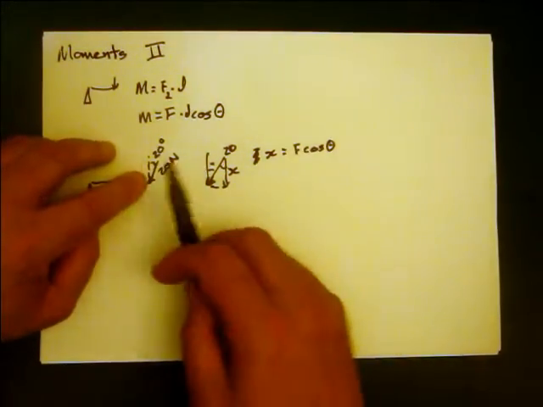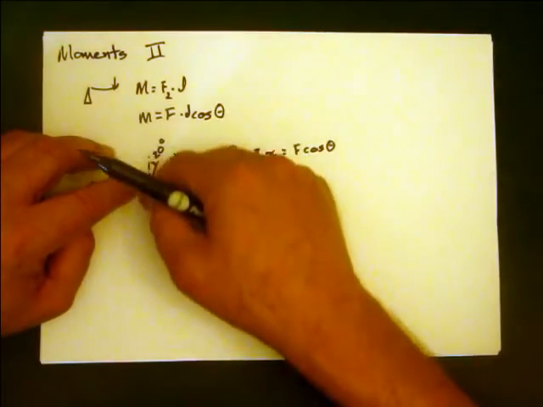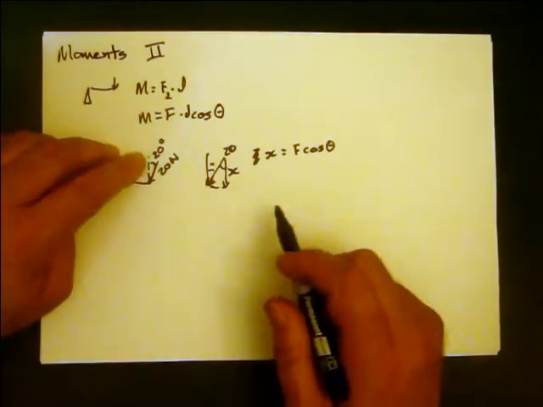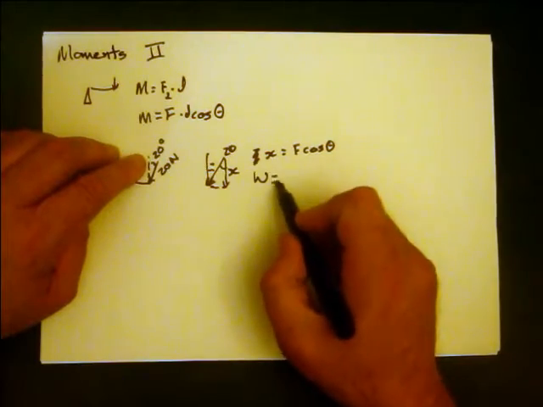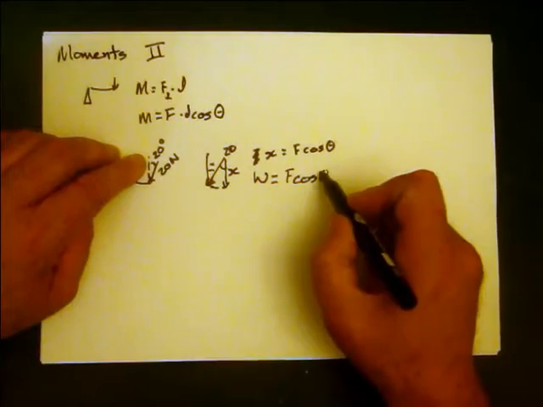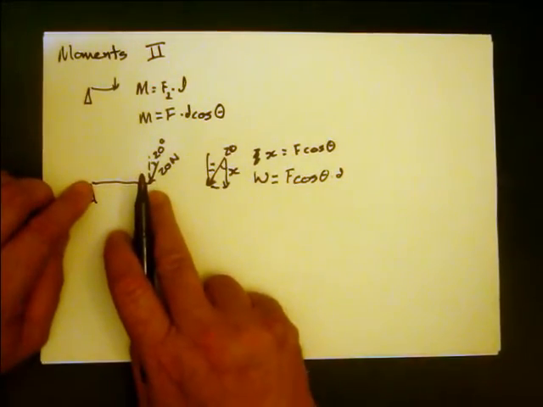So basically what I want to do, I imagine I want to find out the force coming down here perpendicular. How far is it away from that? So I can say, therefore, work is equal to the force cos theta times this distance here.